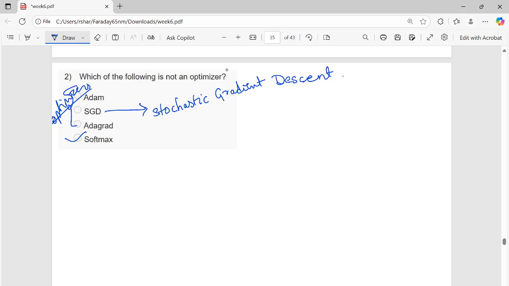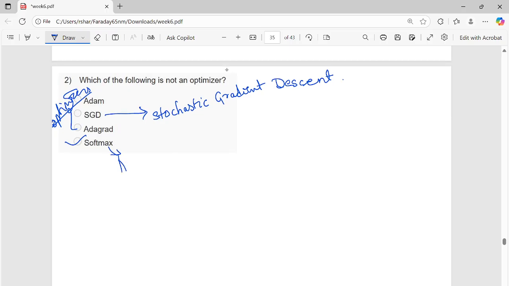Whereas softmax, on the other hand, is not an optimizer. It is an activation function.